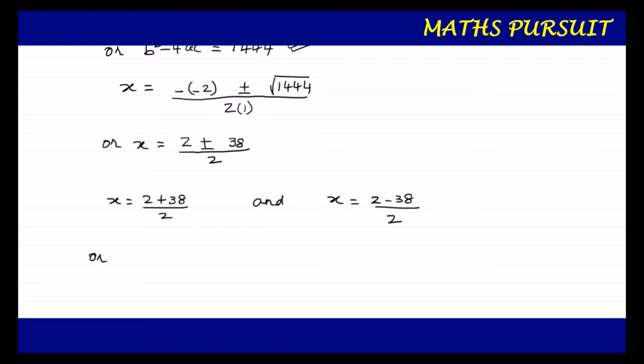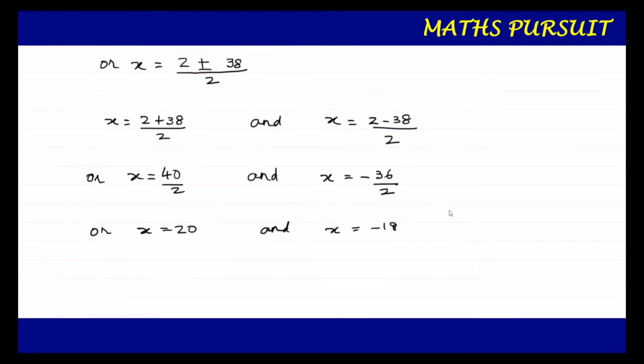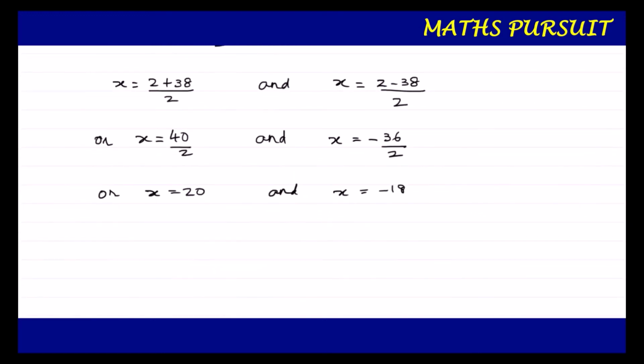Or x is equal to 40 upon 2 and x is equal to minus 36 upon 2. Or x is equal to 20 and x is equal to minus 18. So guys, you could see that we got two values of x. One is x is equal to 20 and x is equal to minus 18.